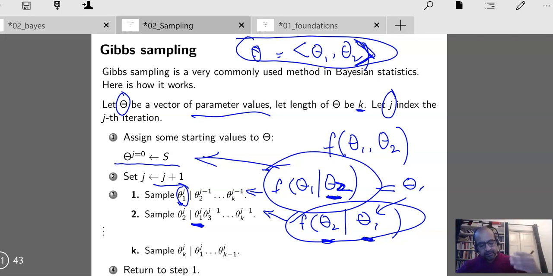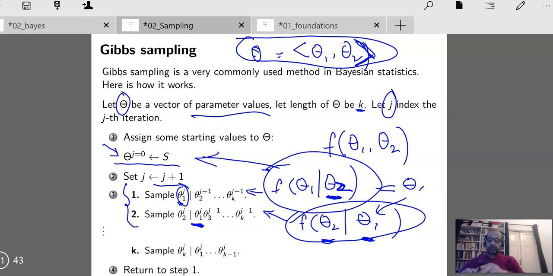So that's how I get the first step. Now I started with step 0. In the next step, which is step 1, I get one sample each of theta 1 and theta 2. So I keep repeating this process. I use the conditional distributions of each of the parameters to get a sample for each of the parameters, using either the preceding step's theta value for the first parameter or the current generated theta value for the second parameter, just as I did over here.